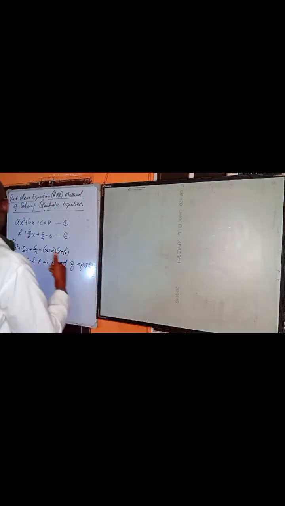The reason I'm doing this is to bring to your understanding the concept of this root mean equation method, or average equation method, if you can put it that way.